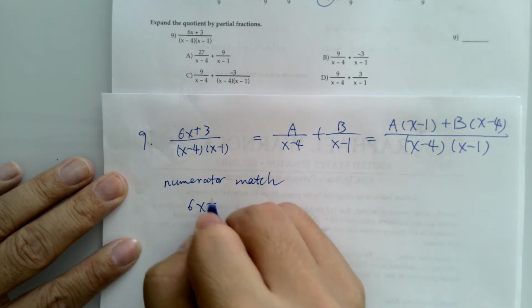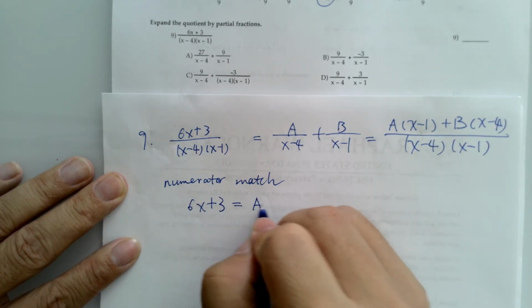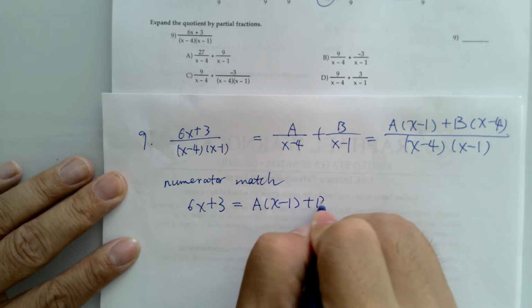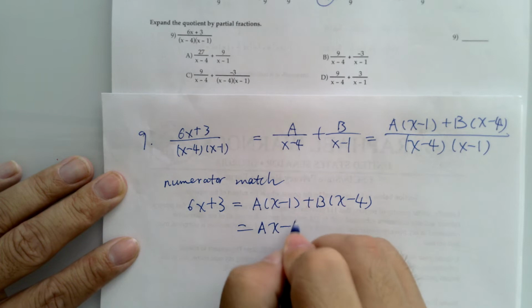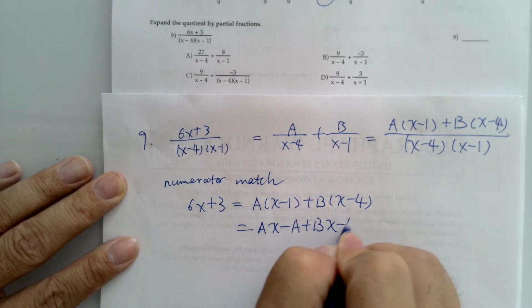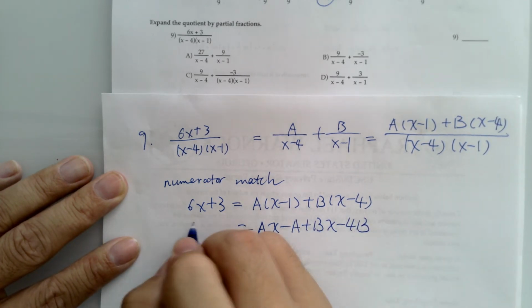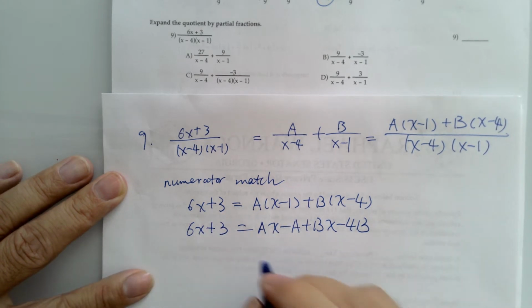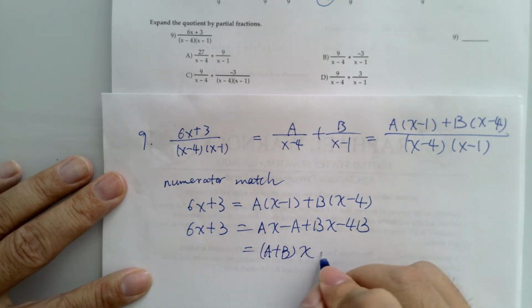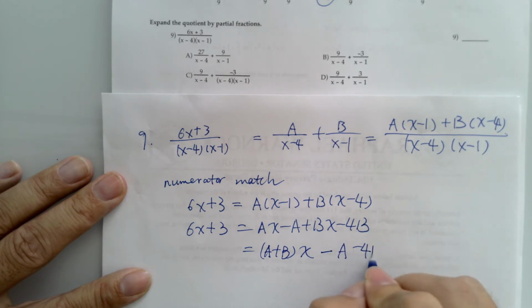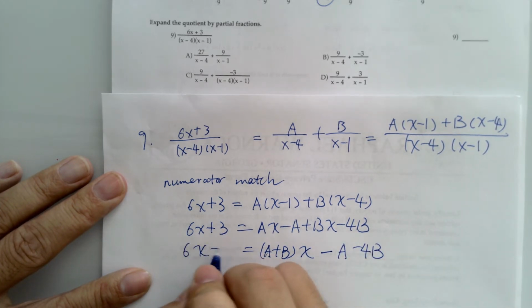So 6x plus 3 equals A times (x minus 1) plus B times (x minus 4). So it's Ax minus A plus Bx minus 4B. So you can see it's (A plus B)x minus A minus 4B equals 6x plus 3.